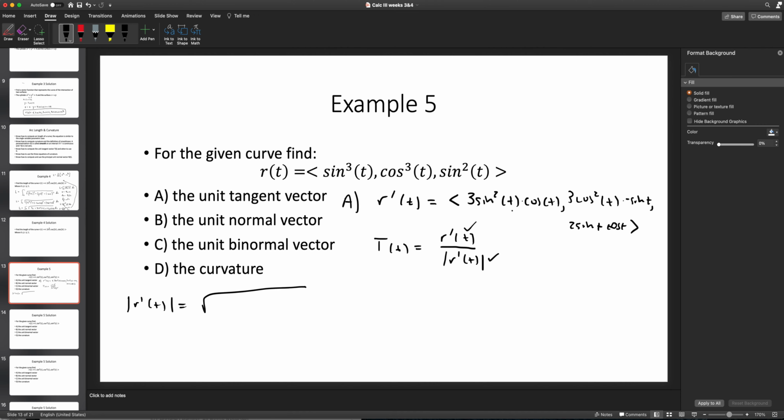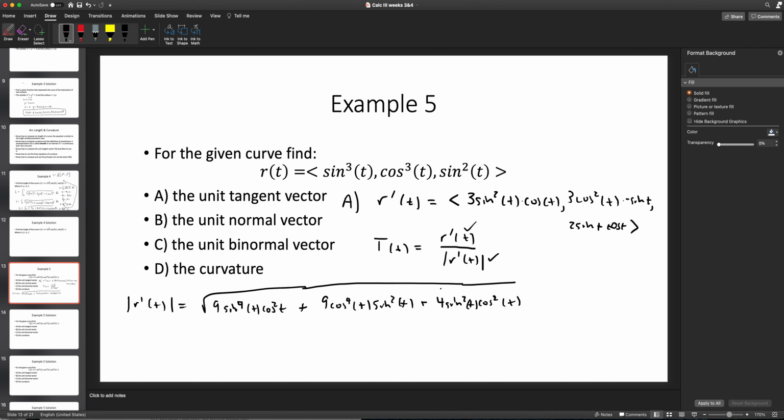The length is the square root of the sum of the squares of each of these. If I square the first one, I get 9 sine to the 4th t cos squared t, plus 9 cos to the 4th t sine squared t, plus 4 sine squared t cos squared t.